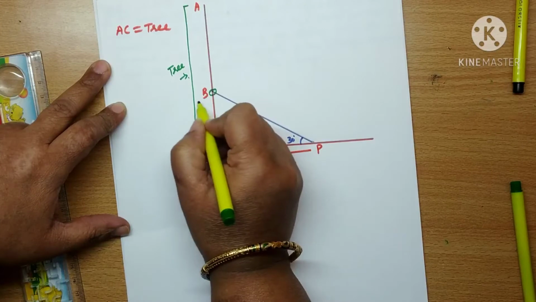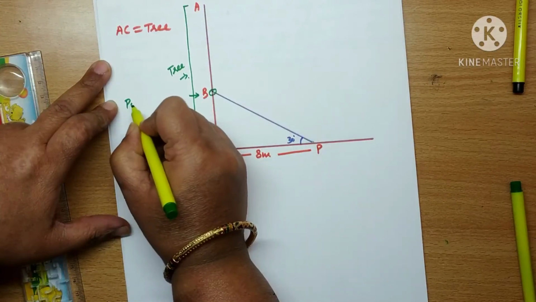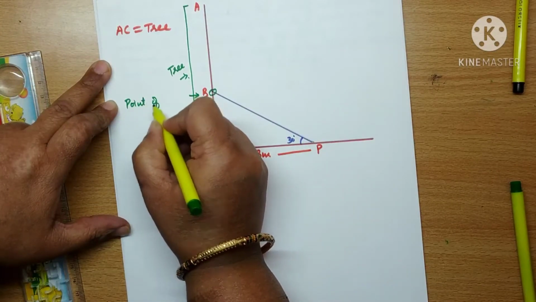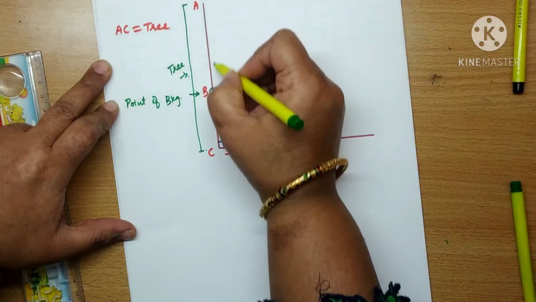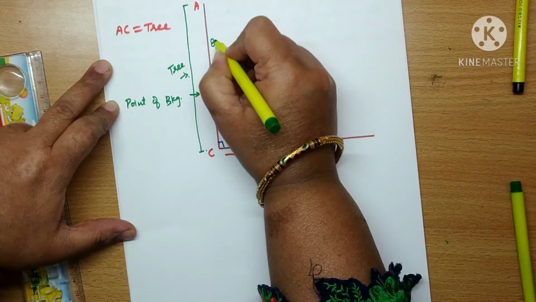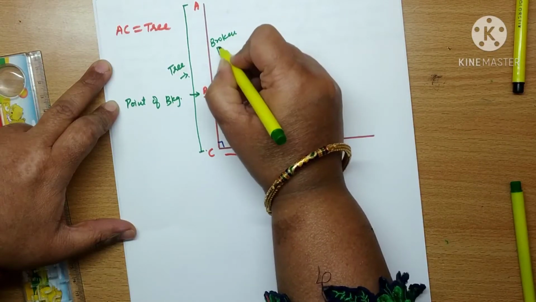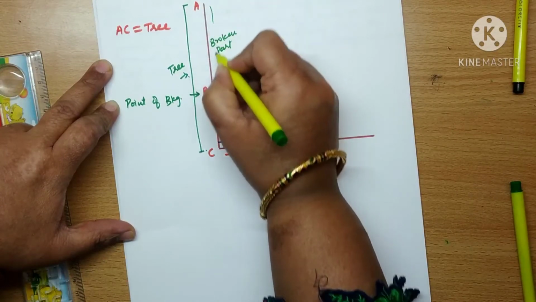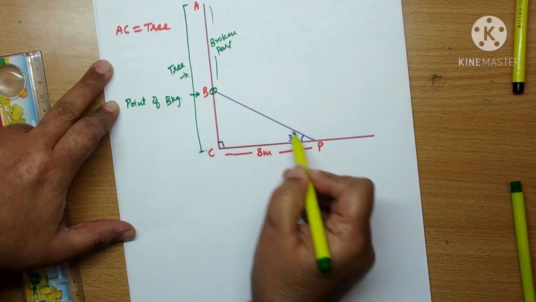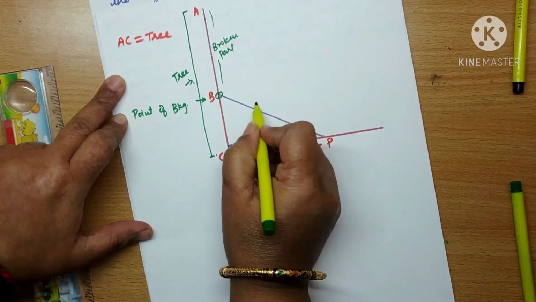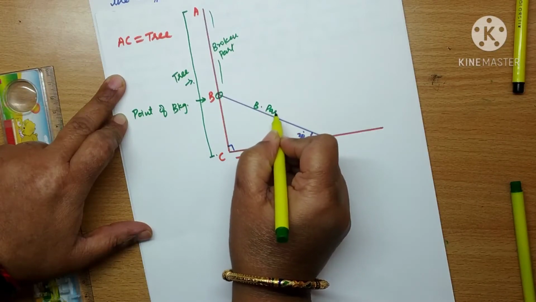Okay, be this point of breakage. So this part is the broken part and this part is hanging loose. This will fall down. It broke from here and it is falling to the ground. So again this is our broken part.